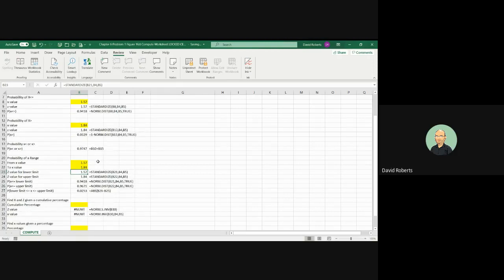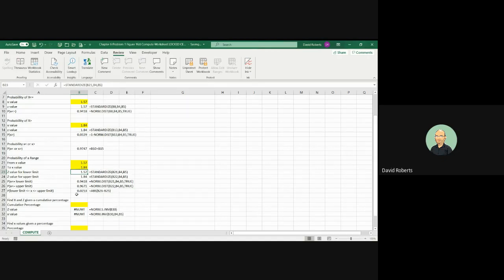So what you have in this case is 0.0253. And just to clarify what that means: between 1.57 standard deviations and 1.84 standard deviations, the area underneath the curve is 0.0253 or 2.53%. So these p-values are percentages of the area underneath the curve.